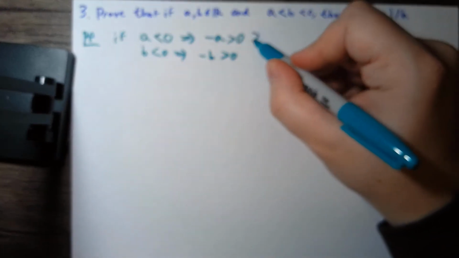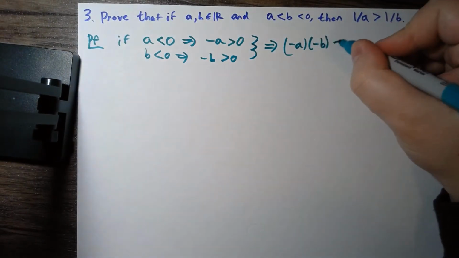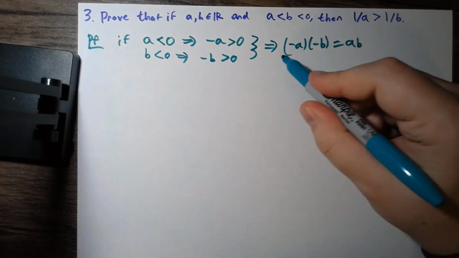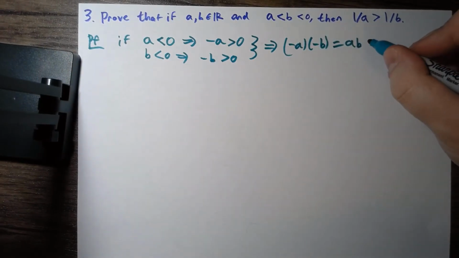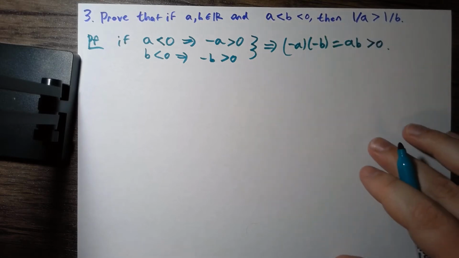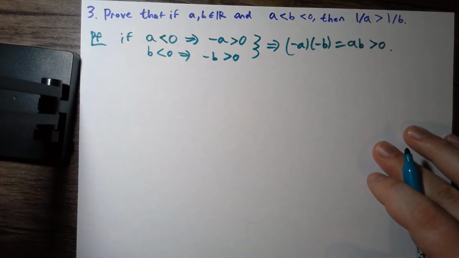So this whole thing implies that negative a times negative b, which is a times b, just using the fact that negative times a negative is positive, is going to be positive. All right. So that's one thing that we have.